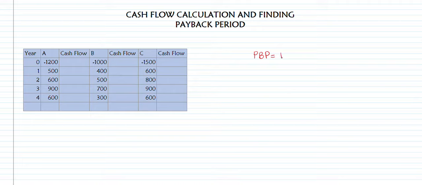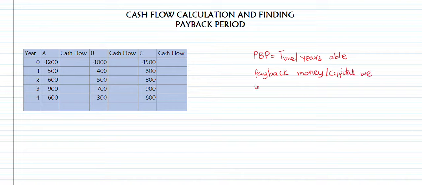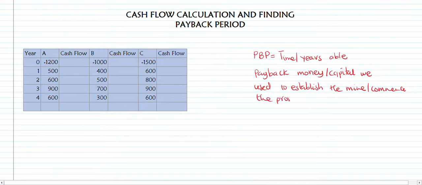So the payback period is the time, or the years, in which we are able to pay back the money or capital we used to establish the mine or to begin the mining project.